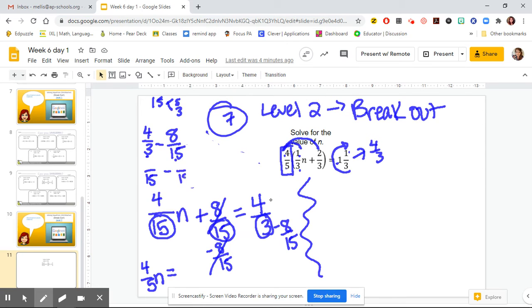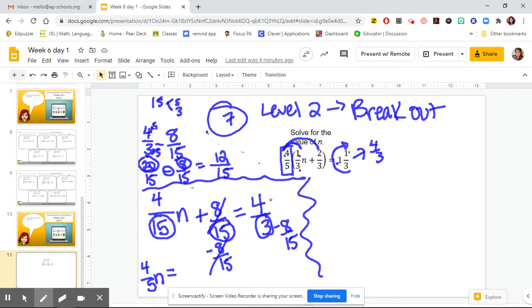Make that just 15s, right? And then I have to change 3 to a 15, so that means I multiply 3 by 5. So I have to multiply the top by 5. 4 times 5 is 20, right? So now I have common denominators of 15. And in order to simplify this, I just subtract 20 minus 8, which is 12, okay?